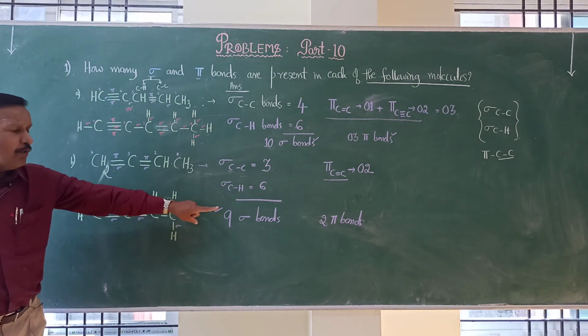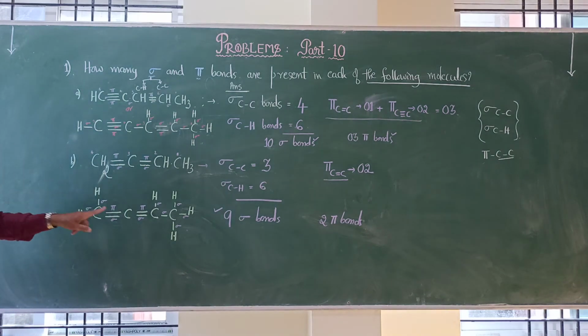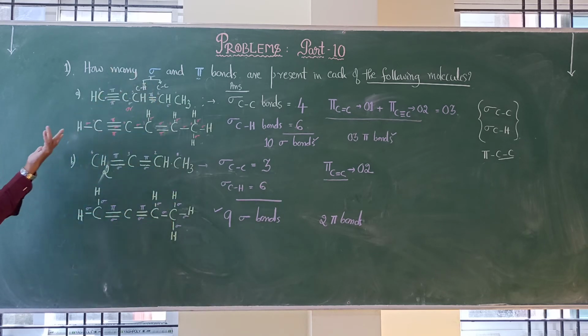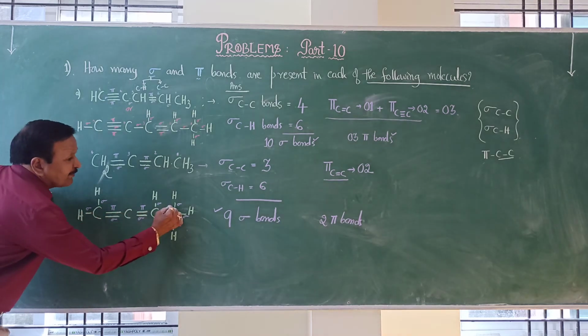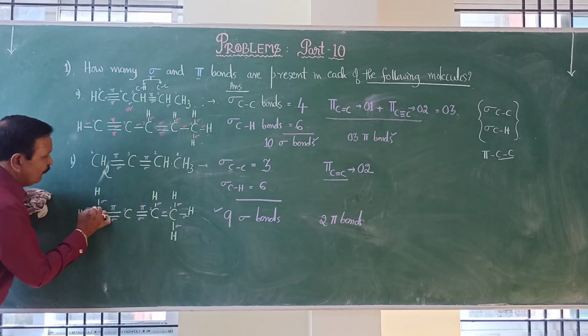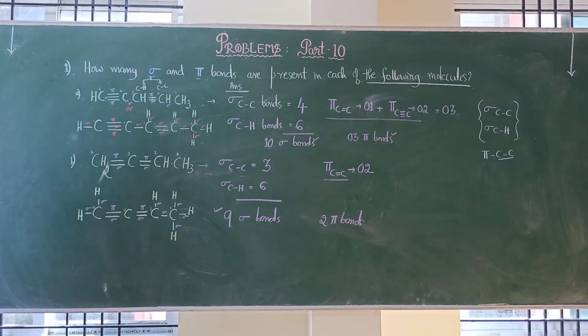So 9 total sigma bonds are present, and then 2 pi bonds are present. Either you can do like this or you can apply the simple formula: number of carbon atoms are 1, 2, 3, 4. So 4 carbon atoms minus 1, 3 carbon-carbon sigma bonds will be there.